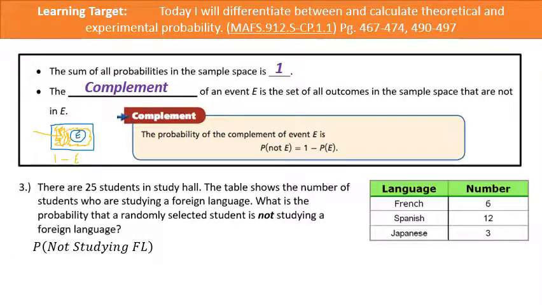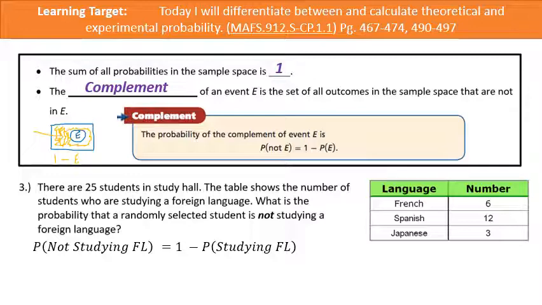We want the probability that they're not studying a foreign language. FL here stands for foreign language, not Florida. So not studying a foreign language. Because of our complement rule, this is equal to 1 minus the probability that the student is studying a foreign language.